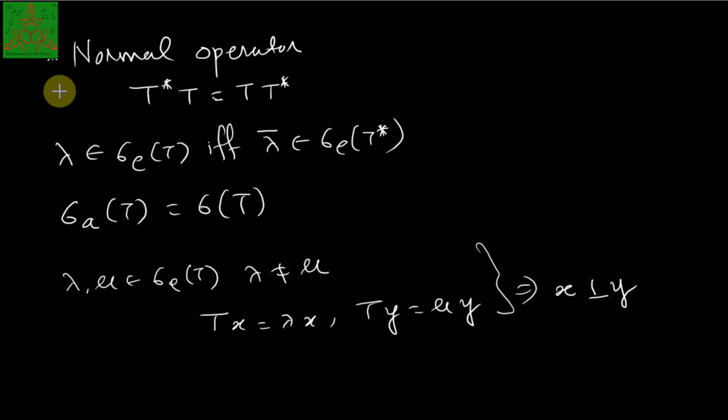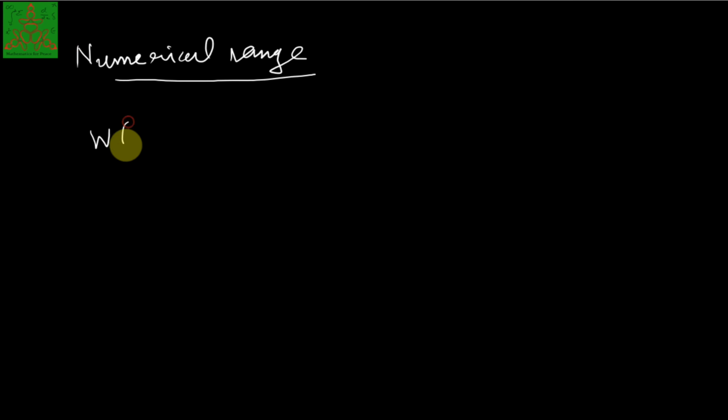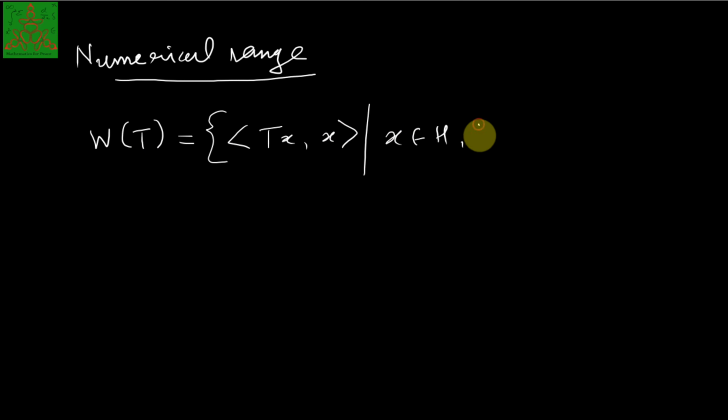After discussing the spectrum of a normal operator, we have discussed certain more results on the numerical range. A numerical range is denoted by W(T), which is the set of all scalars of the form inner product of Tx, x, such that x belongs to H with norm of x equal to 1.